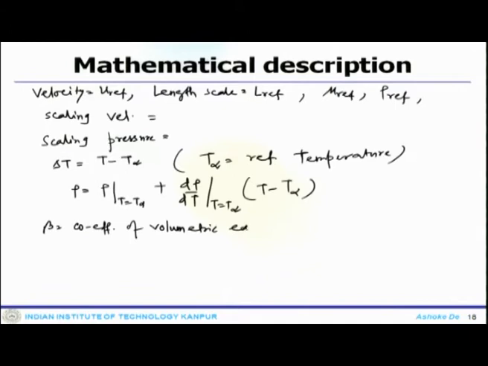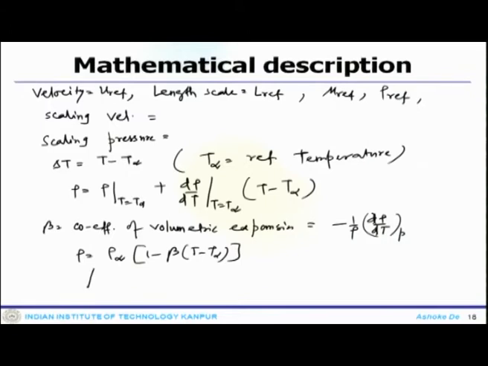So, you take beta as 1 by rho d rho by dT at constant pressure. So, rho becomes rho infinity times 1 minus beta T minus T infinity. Okay. So, using that you substitute this in the y momentum equation. Okay.